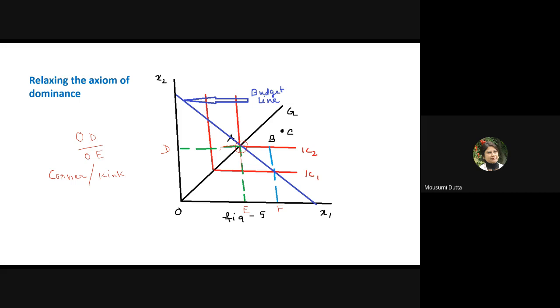Because the axiom of dominance told us MIB, more is better. So there is no satiation, okay? The idea you wanted to explain in the context of diamond or items of conspicuous consumption, this kind of thing, the axiom of dominance ruled out. Satiation in all commodities was ruled out. So always more is better.